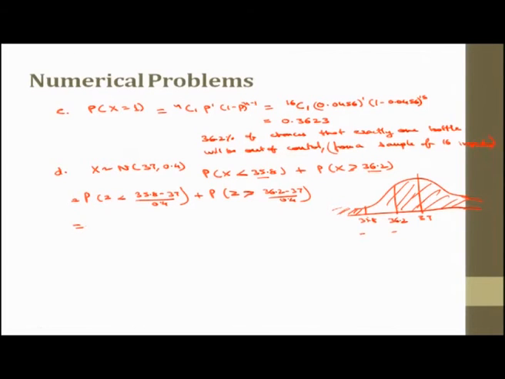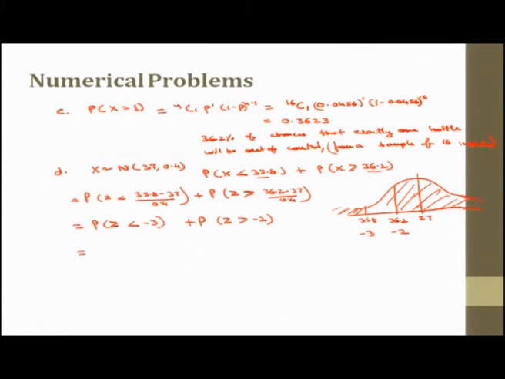If I calculate, this is the probability of z less than minus 3 plus probability of z greater than minus 2. So this value is minus 3, this is minus 2.